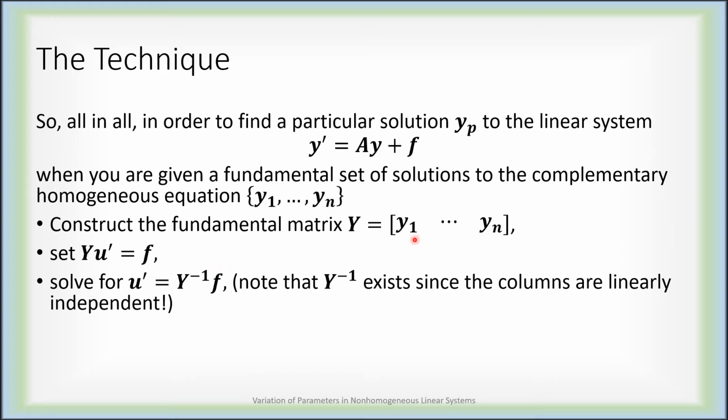And remember, by assumption, these columns from the fundamental set of solutions are linearly independent. Therefore, this matrix is invertible. So solve for u prime is y inverse times f. Then you integrate term by term to recover u, and then your solution is given by y times u. So there's the technique. Set y u prime equals f, solve for u prime, integrate, and set yp equal to yu.